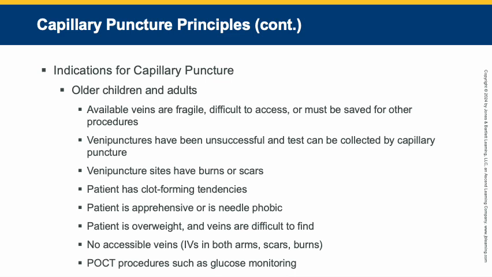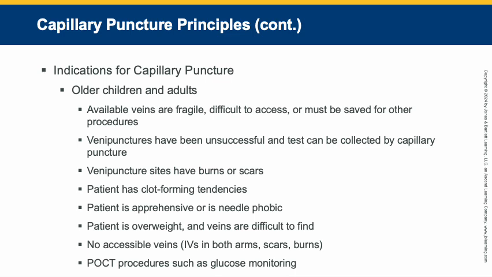Their available veins are fragile, difficult to assess, or must be saved for other procedures such as chemotherapy. Several unsuccessful venipunctures have been performed and the requested test can be collected by capillary puncture, then that's acceptable.